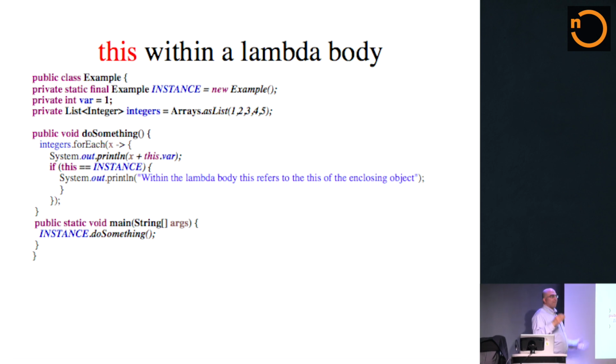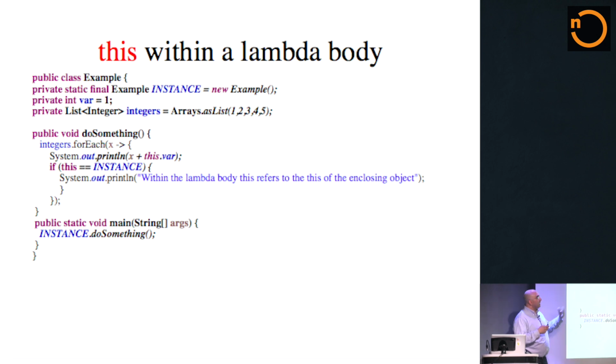There's no this inside of a static method. Oh, there's no this inside of a static method, but I could pass it as the first parameter. So remember, the compiler is generating that method. So that hopefully tells you that the this is actually the this of the enclosing scope.